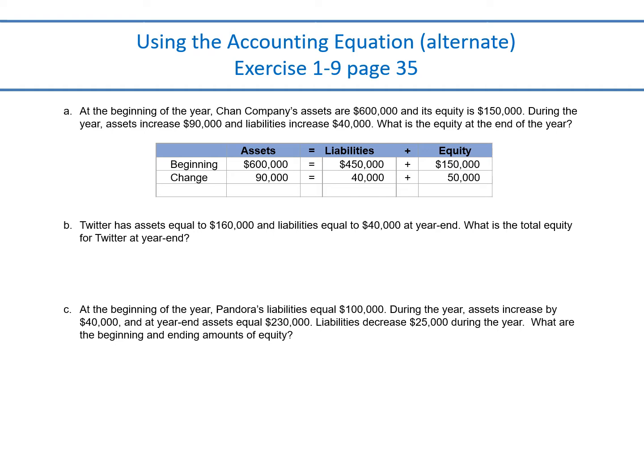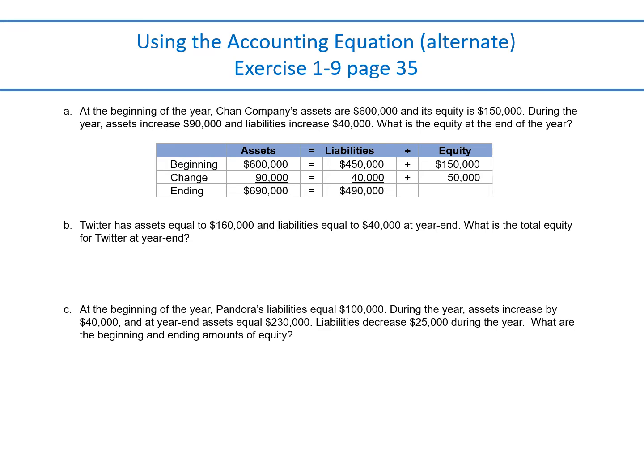That's $50,000. And then our ending balance in our asset accounts, so if we start at 600,000, we increase by 90 during the year. 600 plus 90 is 690,000. Liabilities, you start the year at 450,000. It increases by 40. So at the end of the year, we have 490,000.